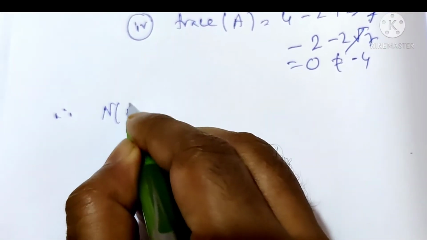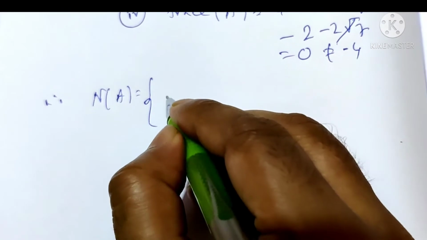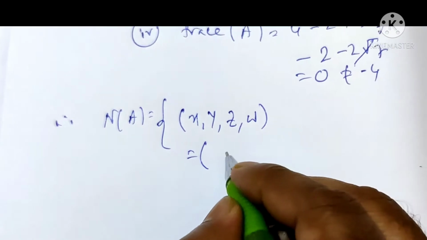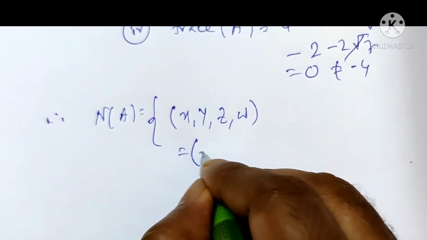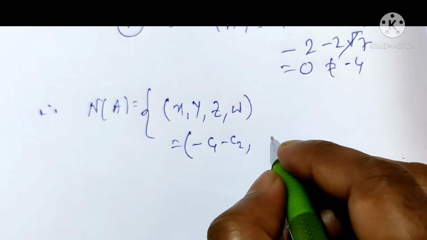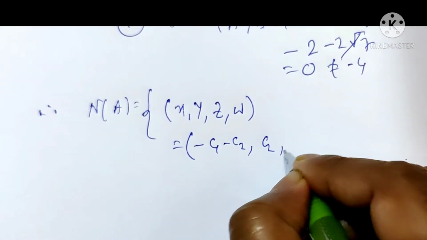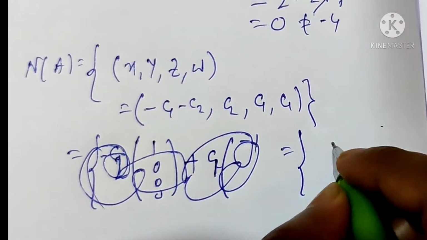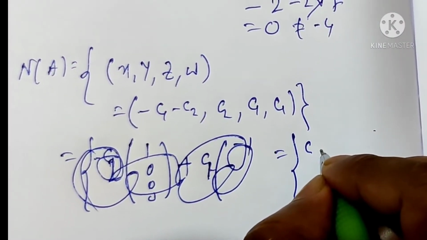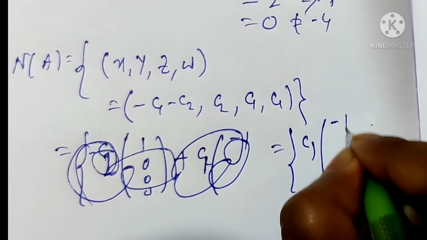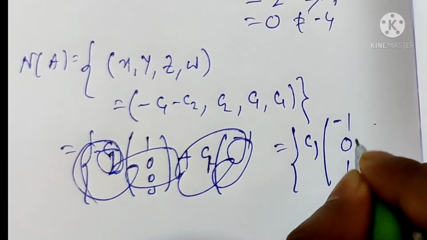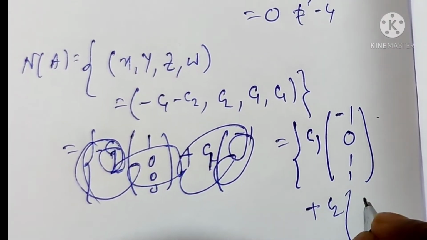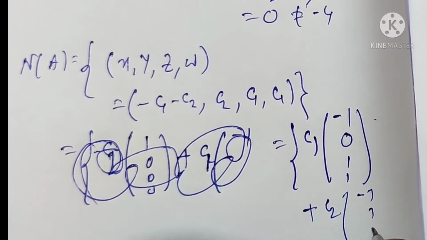Therefore null space of A can be written as (x, y, z, w) equals, what is x? x is nothing but minus c1 minus c2, y is c2, c1, c1, that equals c1 times (minus 1, 0, 1, 1) plus c2 times (minus 1, 1, 0, 0).